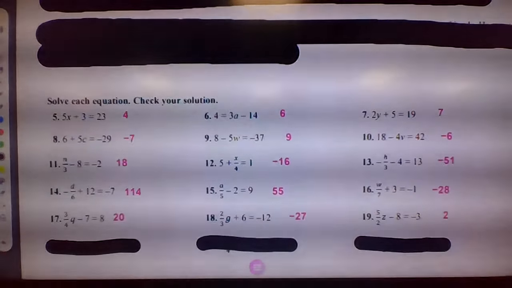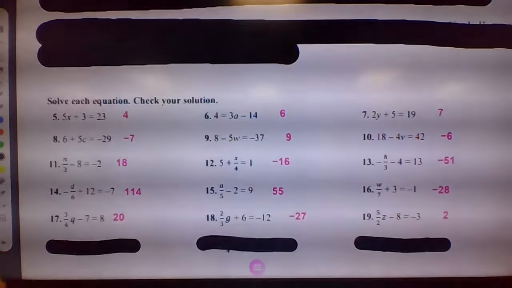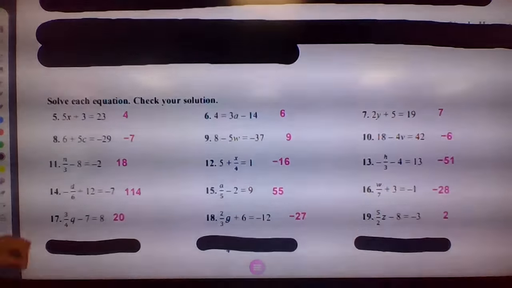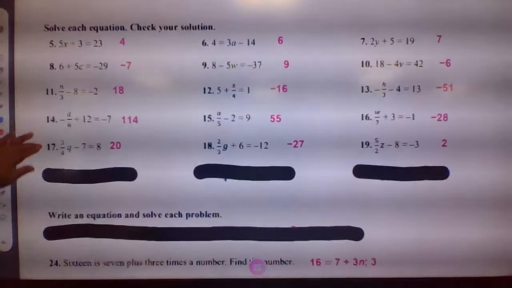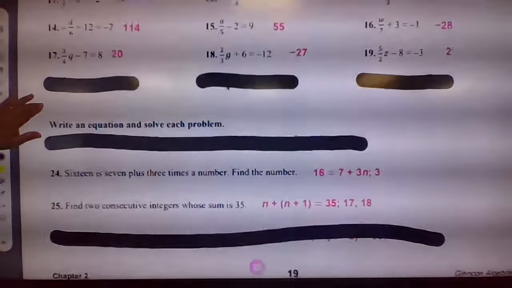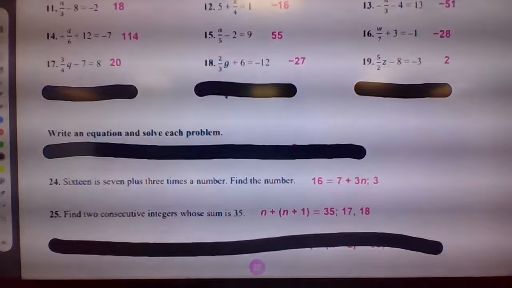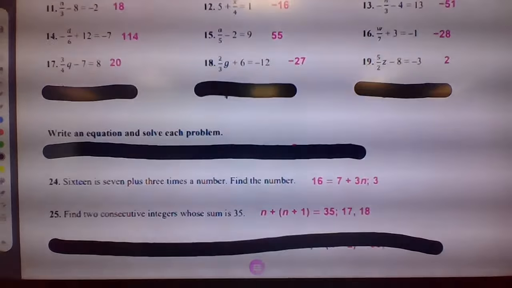Again, you can pause the video to see the answers and check them. And then here's the last two down here. So pause the video so you can see the answers and check them.